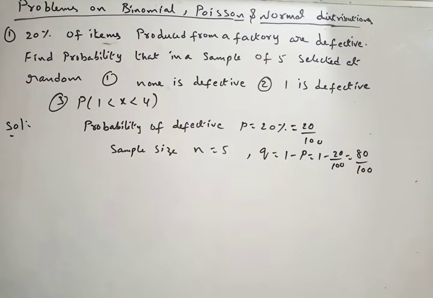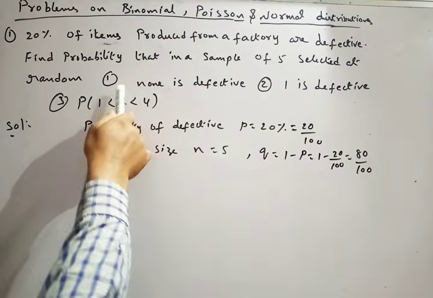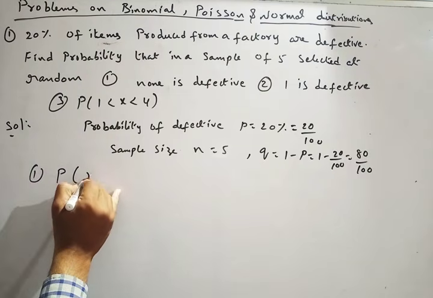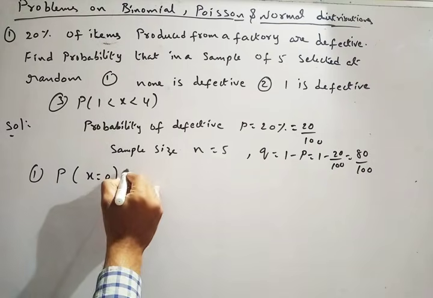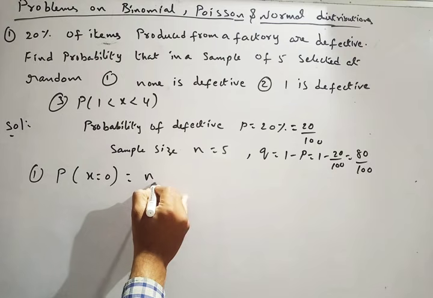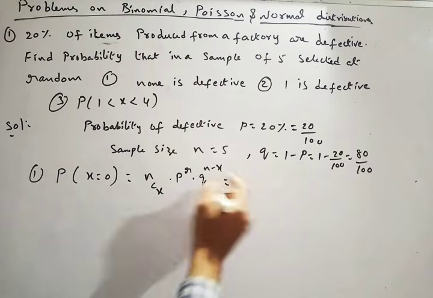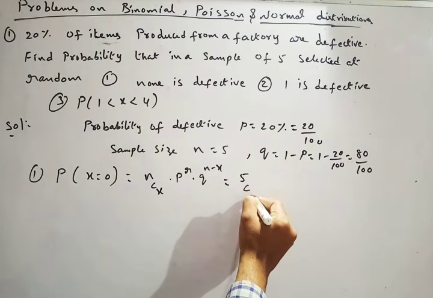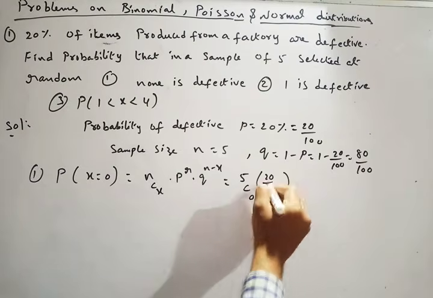Now we have the n value, the p value and the q value. First bit: the probability that none is defective. If I take x as the number of defective items, then none is defective means x is equal to 0. What is the formula? nCx p power x q power n minus x, correct? This is the binomial distribution formula. n is 5, C x is 0, p is 20 by 100 power x.